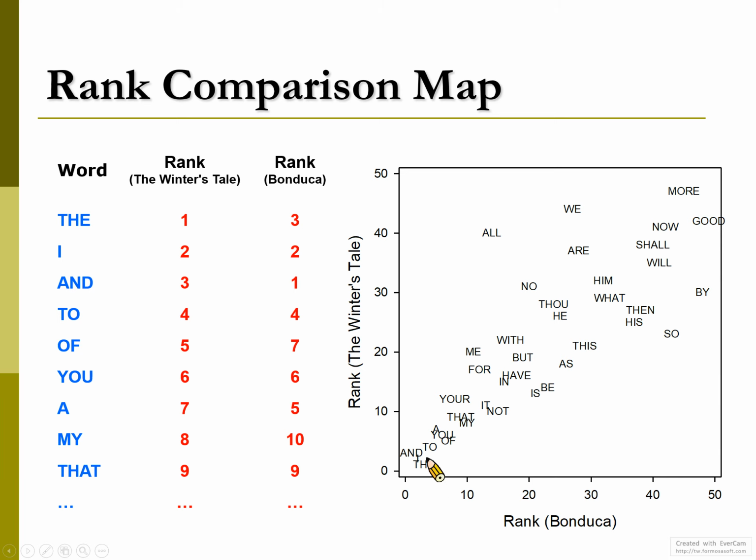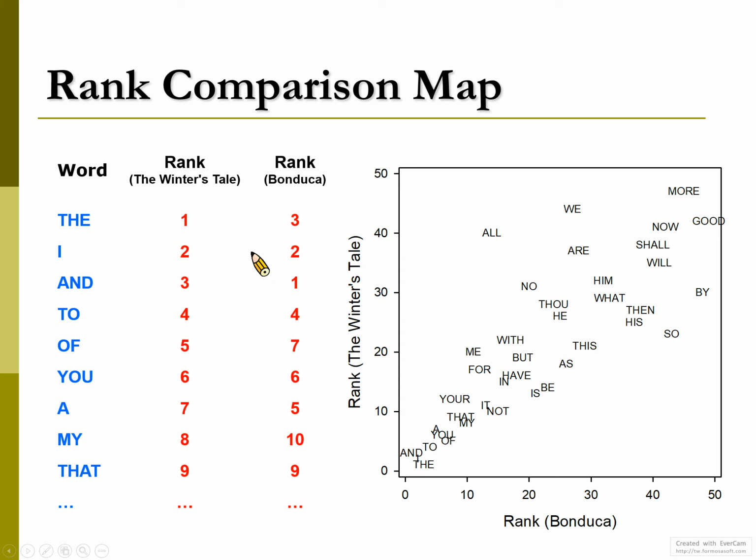So I will plot the word "the" here, and likewise we can plot the other words according to their rank information. In this way, we can simplify the multiple parameters into only one parameter, which is the rank.